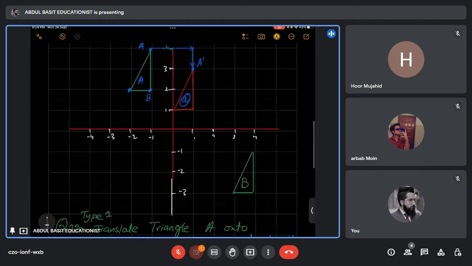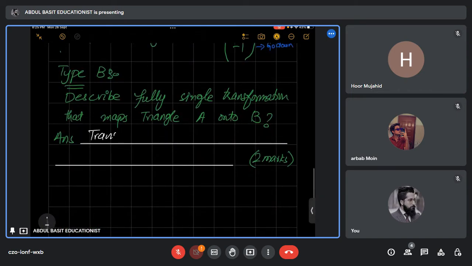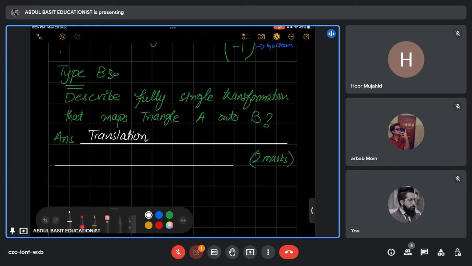As we can see, triangle A onto triangle B, the capital A, not the small a1, is translating, right? There is no increase or decrease in size, and no change in the rotation of the triangle. So the shapes are translated, and you will have to write translation. And to find the vector, what do you need?